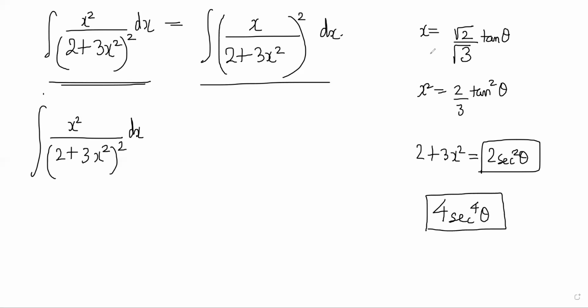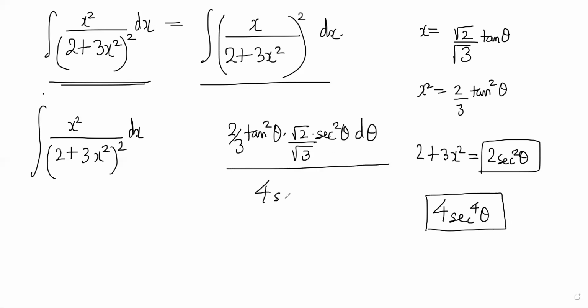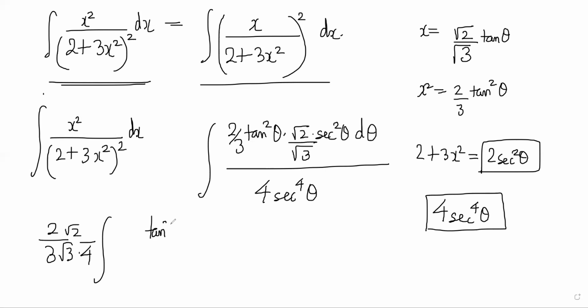On top, you will have 2 by 3 tan square theta multiplied by root 2 by root 3 sec square theta d theta by 4 sec power 4 theta. So 2 by 3, root 2 by root 3, 4 comes out. You have tan square theta by sec square theta d theta.